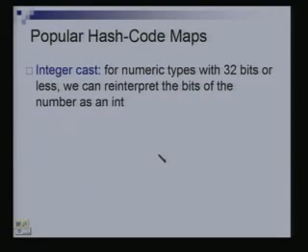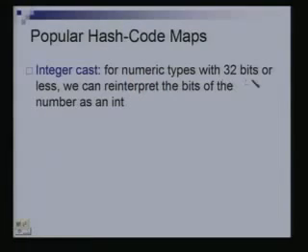So one thing is that we could just take whatever is the bit pattern and interpret it as an integer. If you have a numeric type with 32 bits or less, we can reinterpret the bits as an integer, as a number.